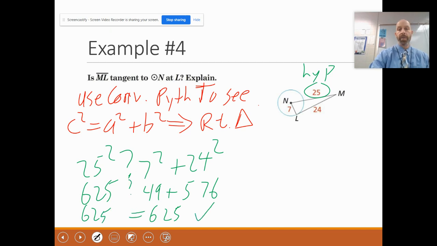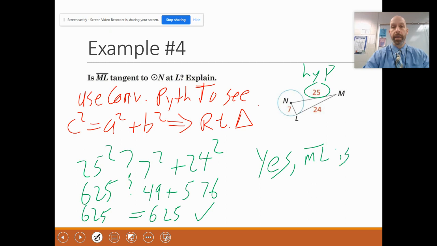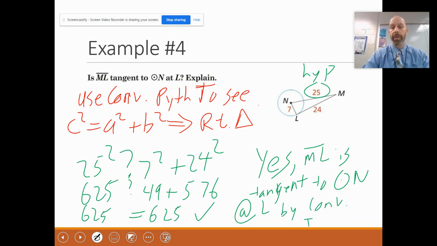Those are equal, so yes. ML is tangent to circle N at L by the converse of the Pythagorean theorem. That's our answer.